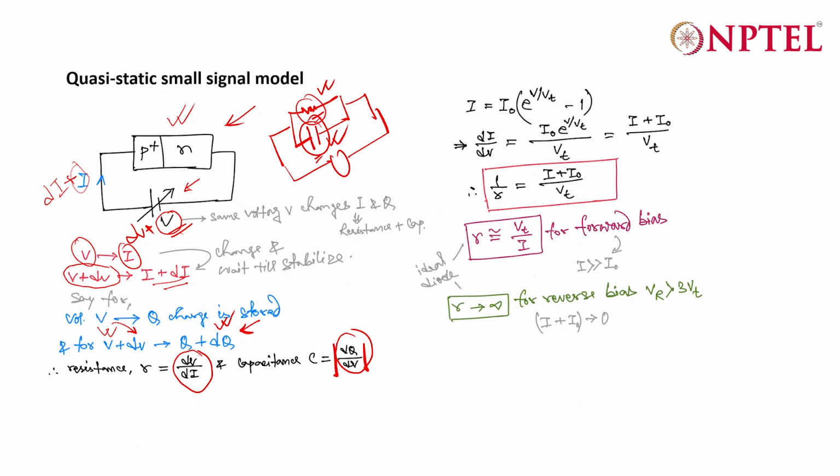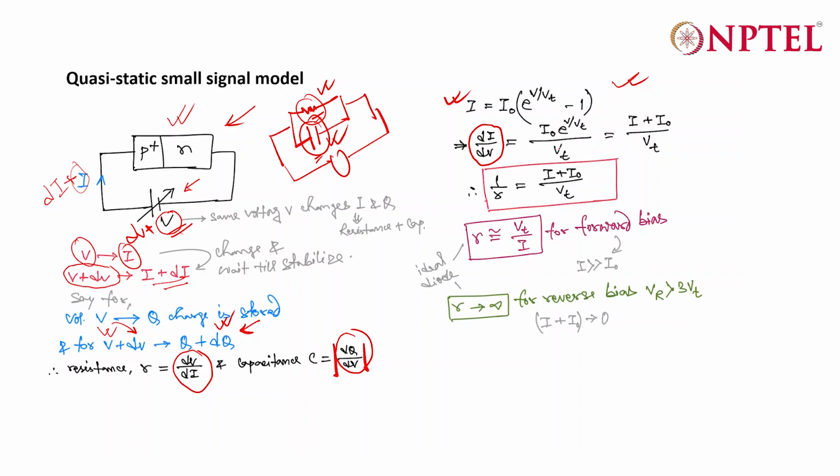Now we know that under forward bias, the equation of the current is I equals I0 into e to the power V by Vt minus 1. Now from here, if you calculate dI by dV, it will be I0 e to the power V by Vt divided by Vt.